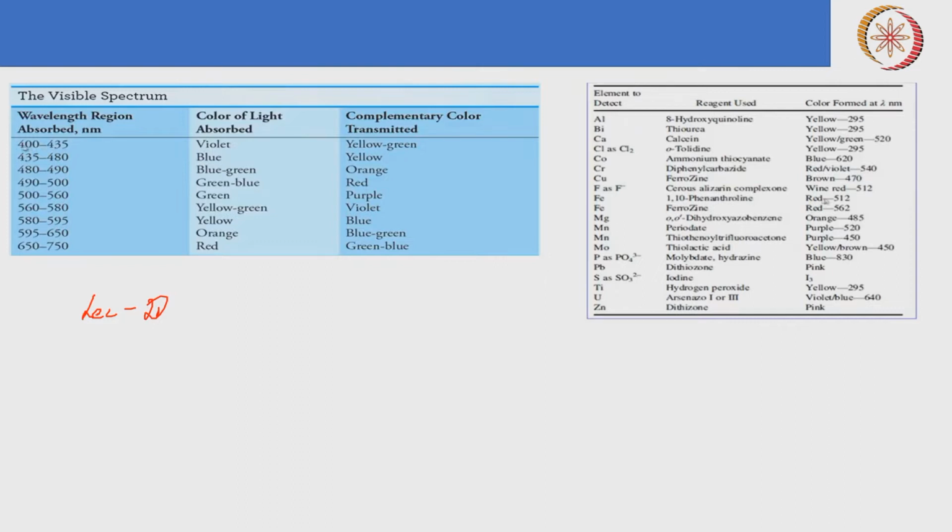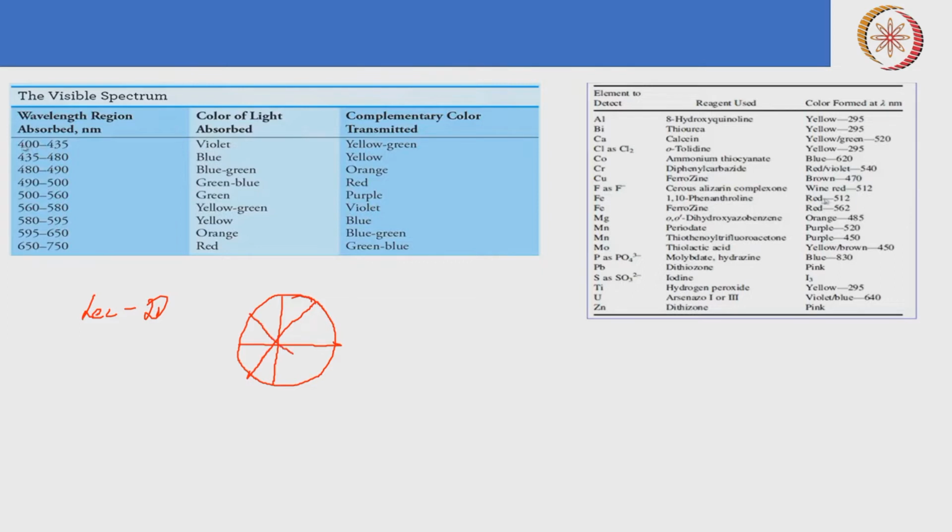Now, which color should we observe when a compound absorbs some light? We also discussed this in the first class, where we learned about the color circle.